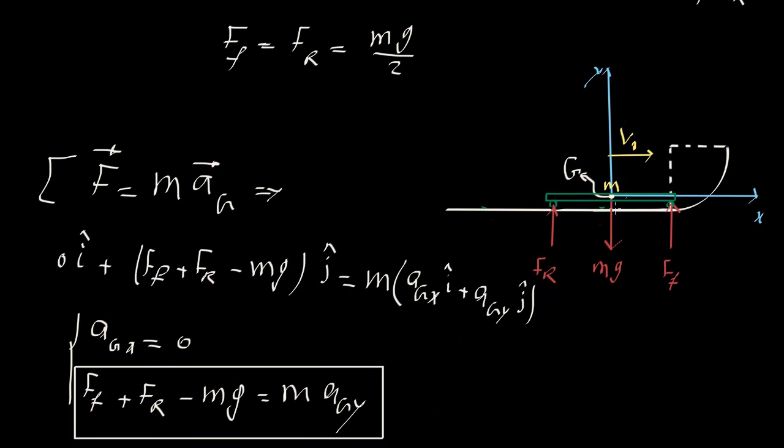So let's see what we can get from this problem on the kinematic side. On the kinematic side, because we have the radius of curvature of this curved path and because we have the velocity of this skateboard at this moment, we can actually figure out the acceleration of this point. So let's call this point A, and let's call this point B. And the middle point is just G, the center of mass.